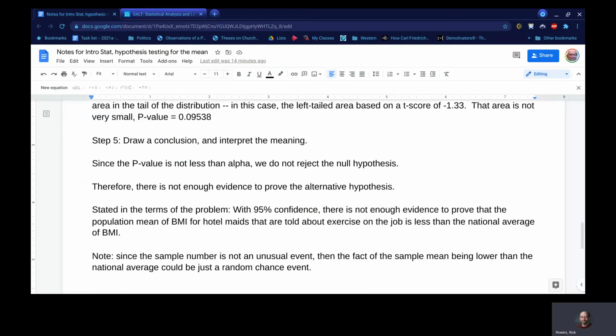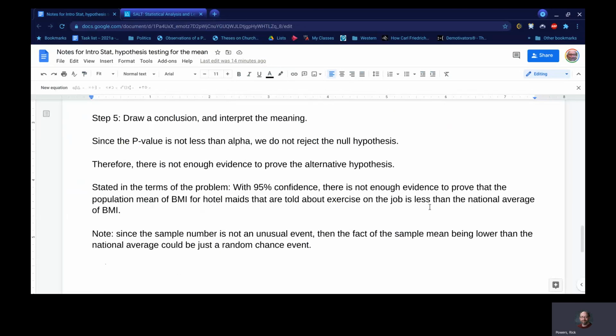Stated in the terms of the problem, with 95% confidence, there is not enough evidence to prove that the population mean of BMI for hotel maids that are told about exercise on the job is less than the national average of BMI. Note, since the sample number is not an unusual event, then the fact of the sample mean being lower than the national average could be just a random chance event.